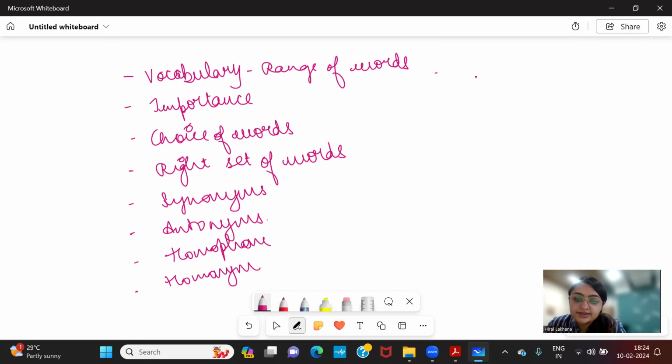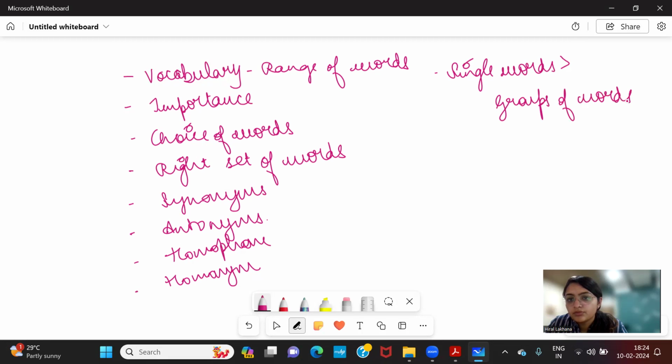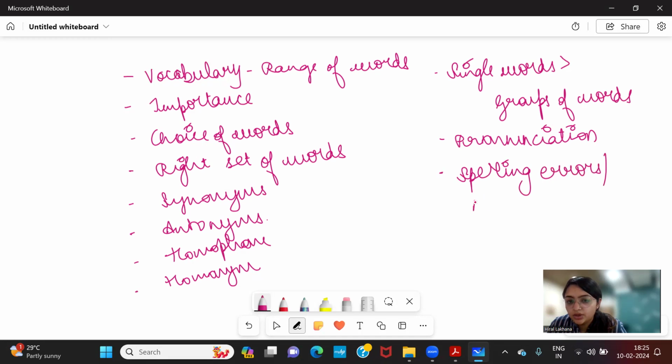Then a few more factors which help us in giving a richer vocabulary are single words against a group of words, pronunciation of the words depending on the spelling, and then we saw spelling errors or frequently misspelled words.